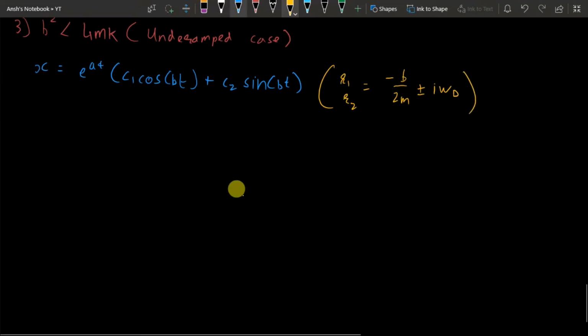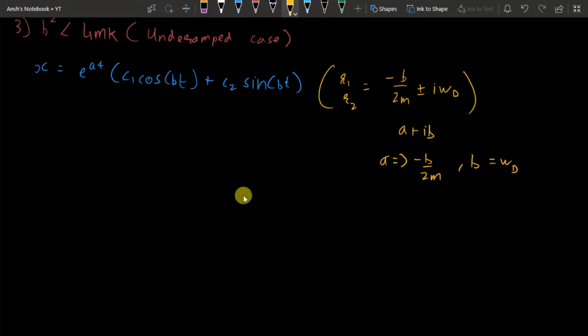And so when we compare it with a plus ib, we know that the value of a will be equal to minus b over 2m, and the value of b will be equal to omega d. So the general form will be x is equal to e raised to minus bt over 2m, c1 cos omega dt plus c2 sin omega dt.